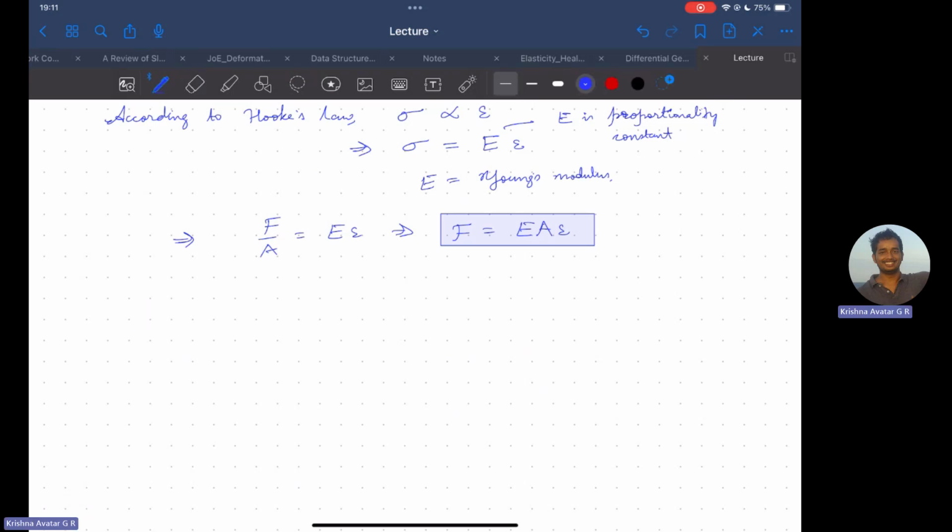In other scenarios, we also have this in different forms. Say we have this body, and let this side be fixed to some wall.